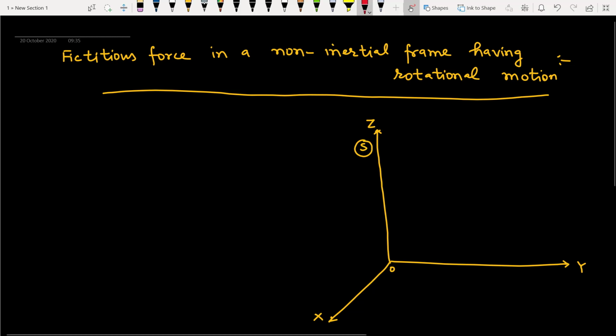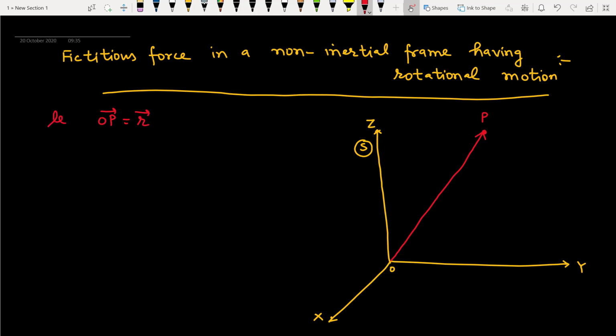Suppose we have a particle P here, and the position vector of the particle P in S frame is OP vector, and we take OP vector equal to r vector. So it is a position vector of point P in S frame of reference. Now we have another frame S dash whose origin coincides with origin O at t equal to 0.